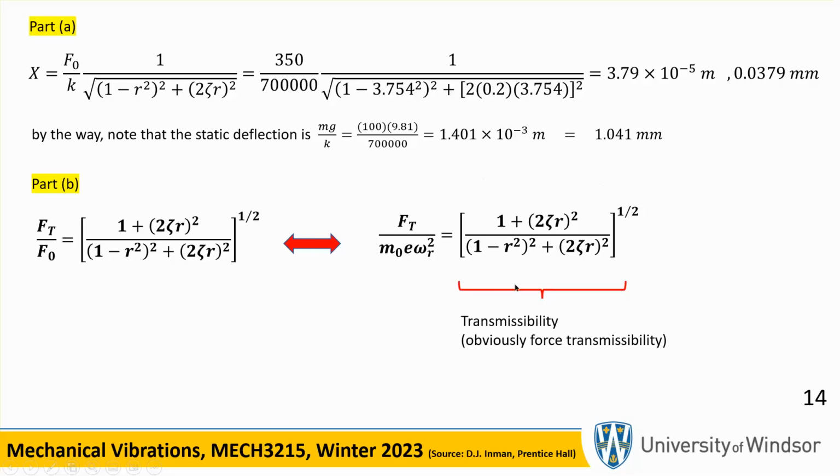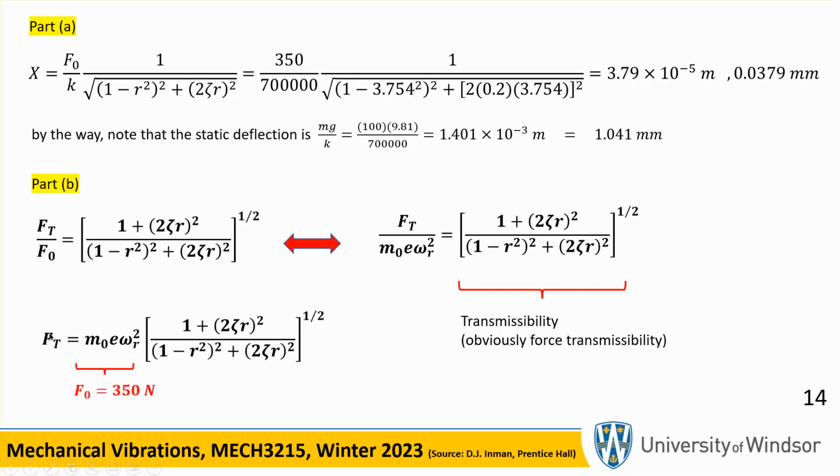We are asked to find the transmissibility, which is this, and in part C it says what is the actual force. So transmissibility, force transmissibility, obviously, is this thing. Just plug it in. This thing can be calculated. We have everything here.